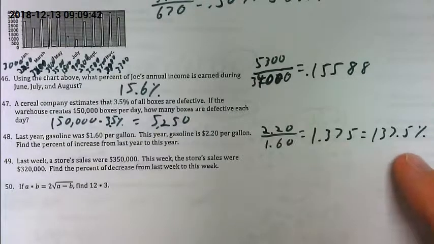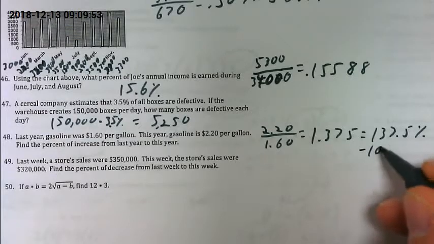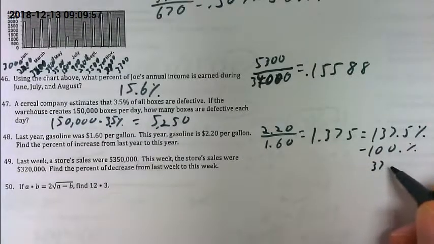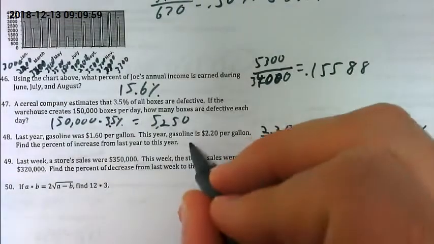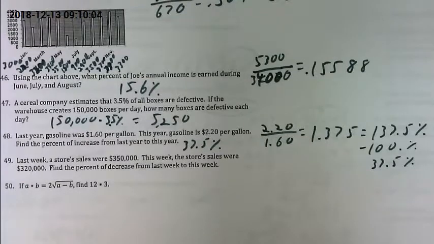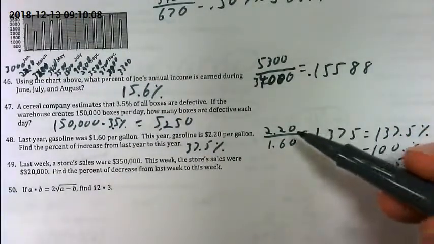But we're just looking for the increase. So last year's price would be 100% of itself. So we just have to subtract off the 100. So here, subtract the 100%. And the increase itself would be 37.5%.